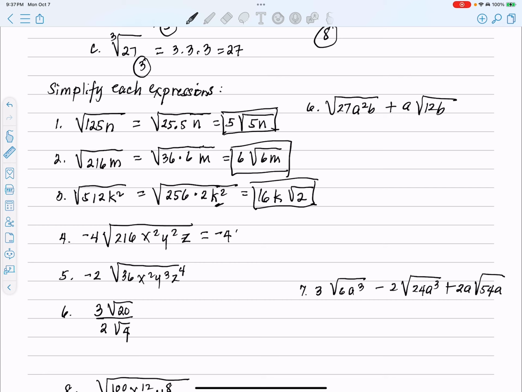How will I factor 216? Will I do it by 2? Cannot be. By 3? By 4? By 5? Okay, I can do 216 by 6. That is 36 times 6 is 216. Then x squared y squared z.